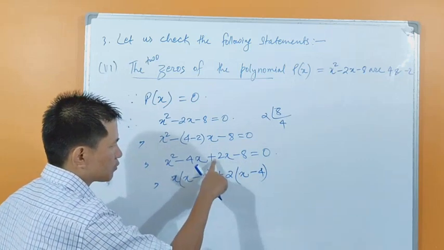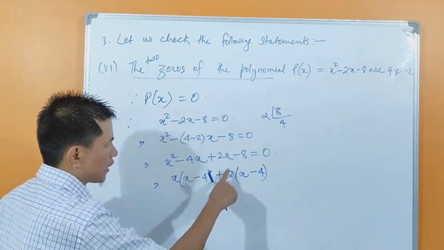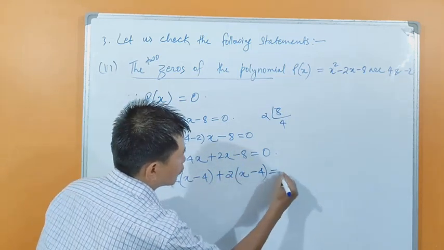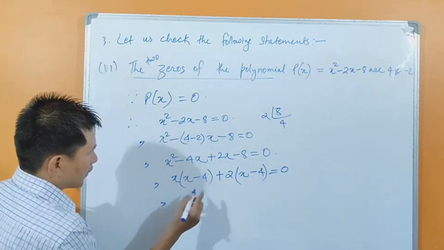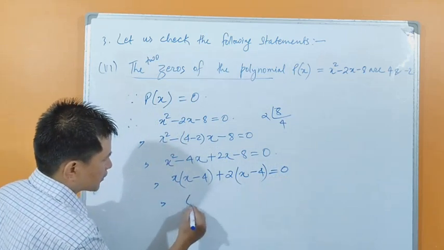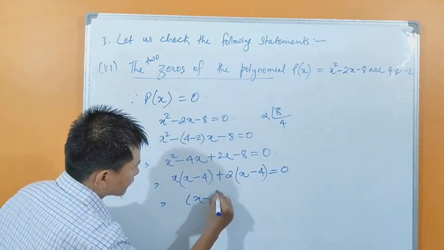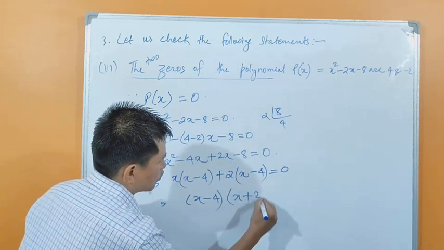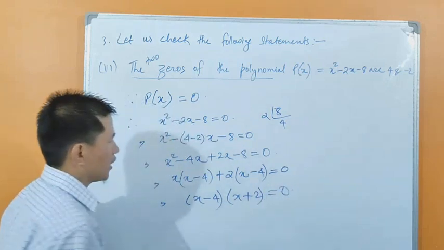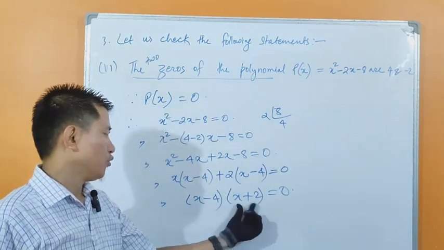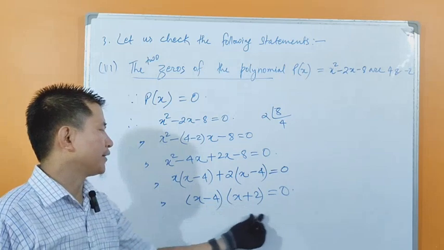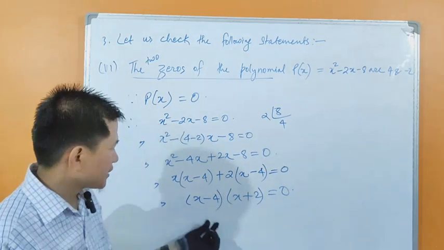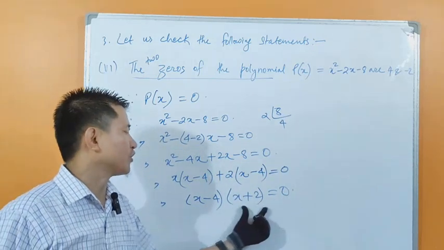Plus into plus is plus, 2 into x is 2x, plus into minus is minus, 2 4s are 8, equals to 0. Or x minus 4, x minus 4. Let's take x minus 4 common. Now x plus 2 remains within the bracket, x plus 2 equals to 0. So these two expressions when multiplied become 0. This multiplied with this gives 0. This means either this equals to 0 or this equals to 0.